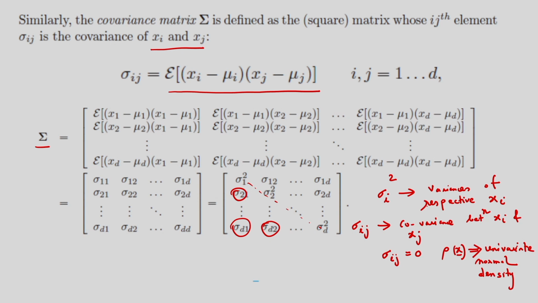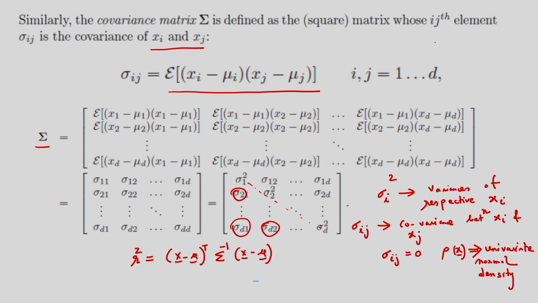Now I can define a distance. What is the distance? You can see I am considering the distance r square is equal to x minus mu transpose, sigma to the power minus 1, x minus mu.